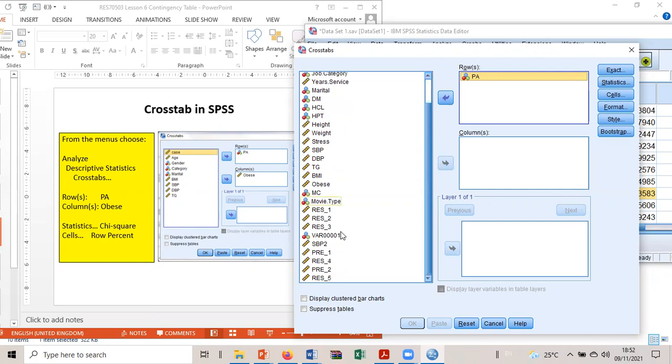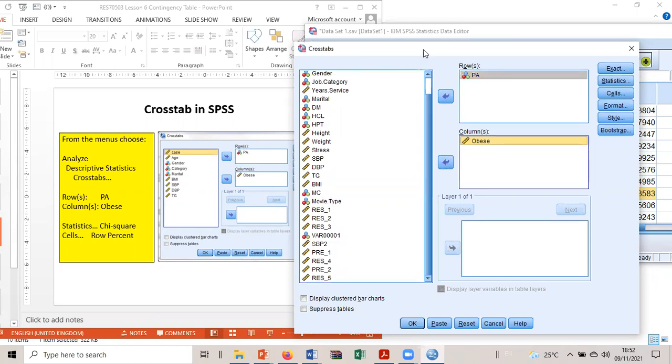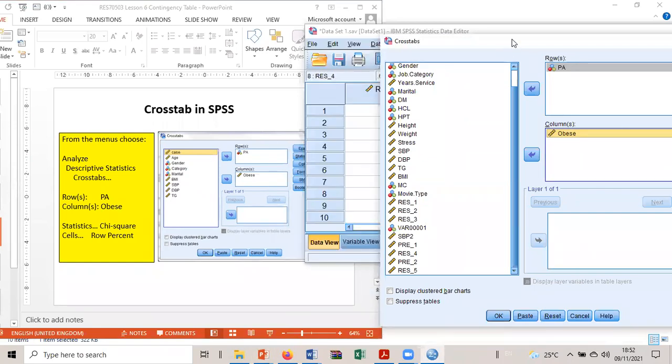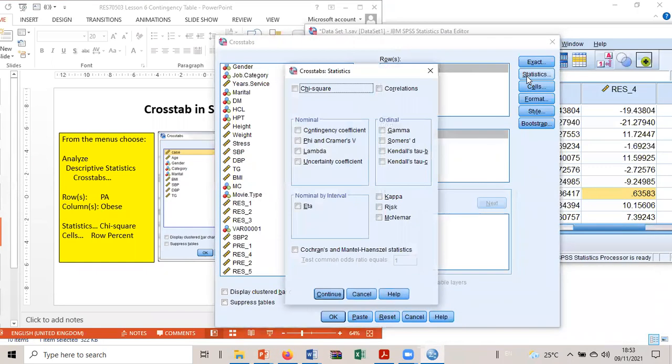Obese in the column. And then check the buttons here. Check these two. First is statistics: the chi-square test. Continue.